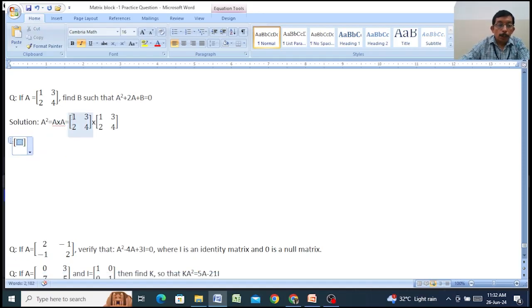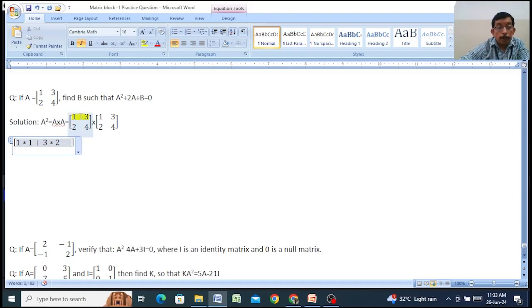First we note down the value of A square. The first row is 1 3. The first row multiplied by the first column: 1 is multiplied by 1 plus the second element 3 multiplied by 2. First row, first column multiplication is complete. Now we come to the second column of the second matrix, then we get the first row second element.